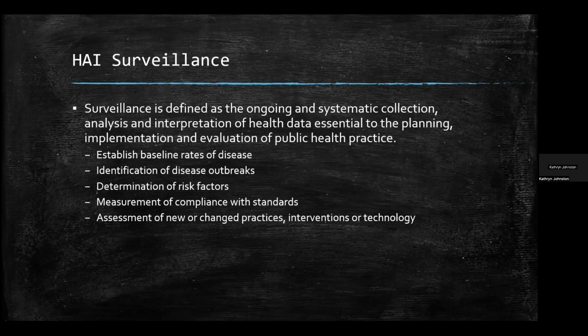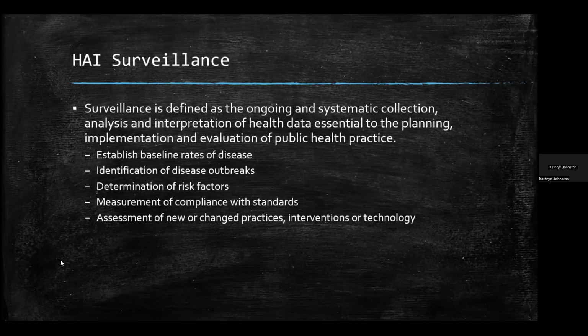While it's termed surveillance here, it also is referred to as monitoring and evaluation. And then also the assessment of the effects of practice changes, new interventions, or new technology. So that is, in a nutshell, what HAI surveillance is.